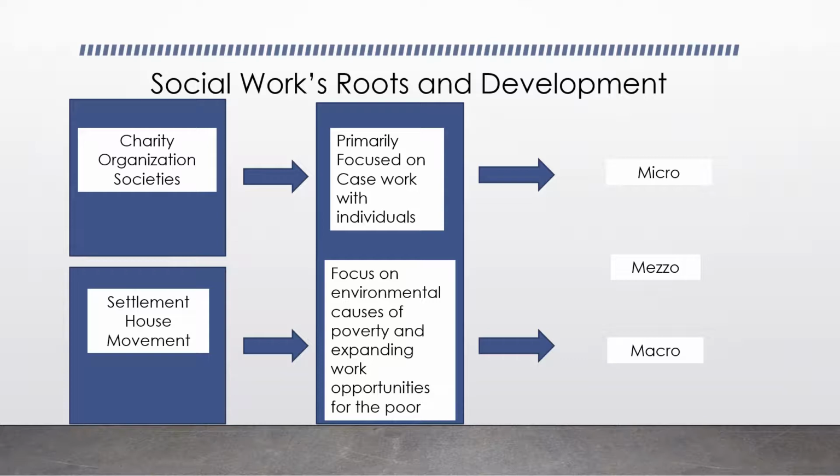So, in other words, we shouldn't just be micro social workers, or we shouldn't just be focused on macro issues. They're connected, and as social workers, we have to be able to work at both levels and understand how each of these impacts the other.